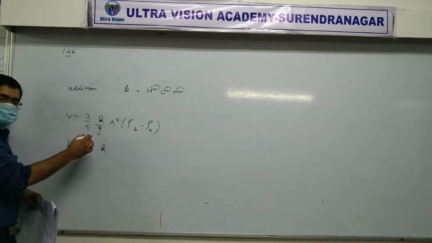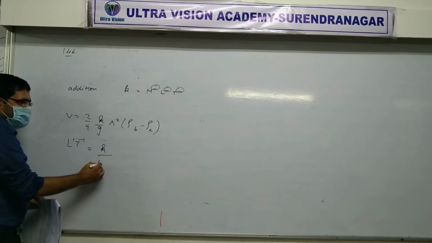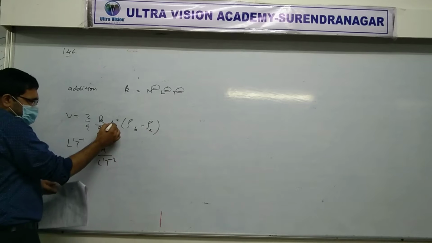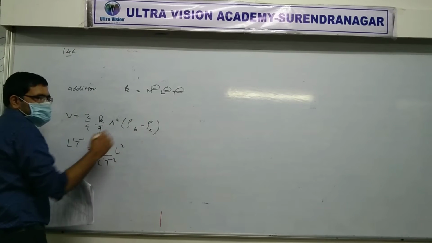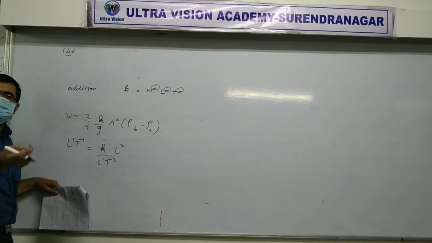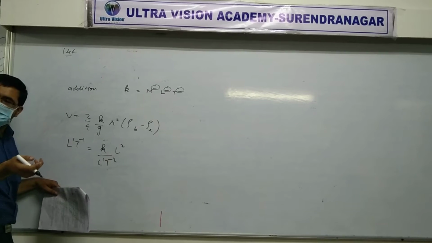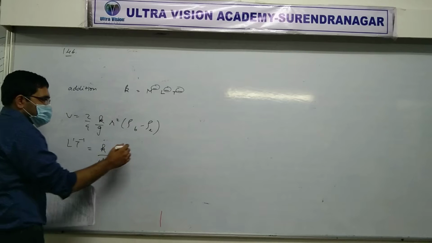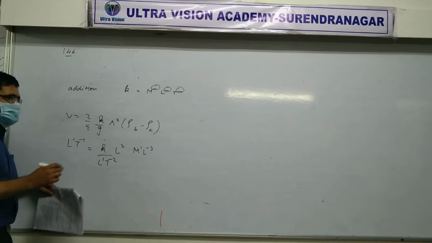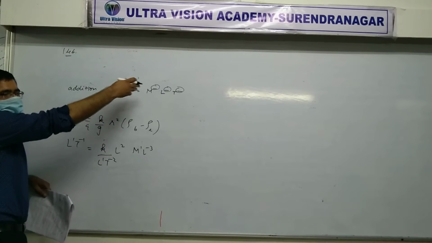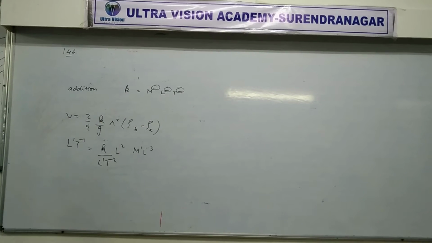G. R squared. Density minus density is density. Is it fine? So that will be M raised to 1 L raised to minus 3. So solve this out. Is it fine? Yeah, minus 1.